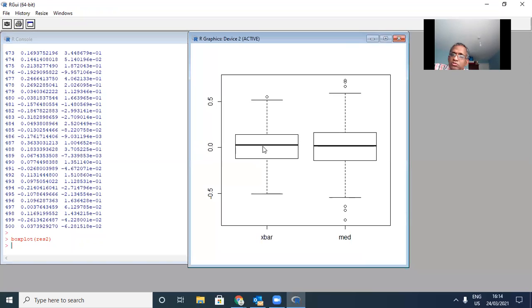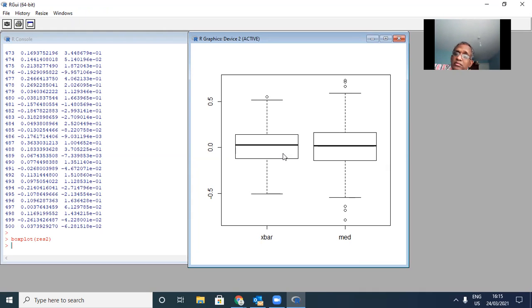And both distributions are kind of symmetric in the sense that the middle line, which is the median, is about halfway between the lower quartile and the upper quartile. That's true with both box plots. But the first box plot is a little narrower than the second box plot. I mean, when I say narrower, the width of the box is shorter compared to the second box, right?